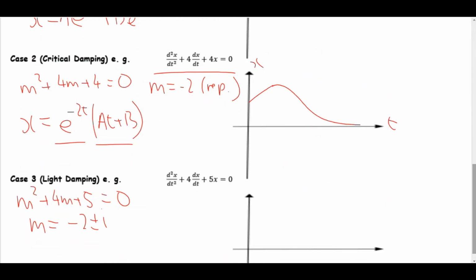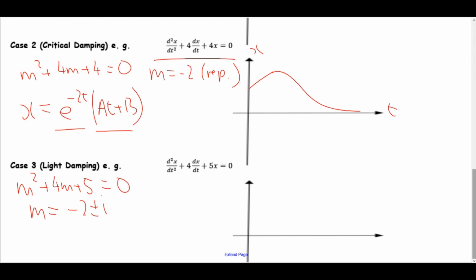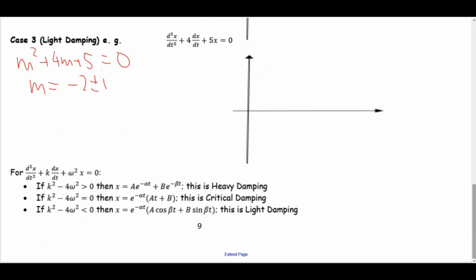So consequently, the general solution corresponding to this type of motion is going to be x is e to the minus 2t brackets a cos t plus b sine t. So this is the product of an exponential decay function and a trig function.